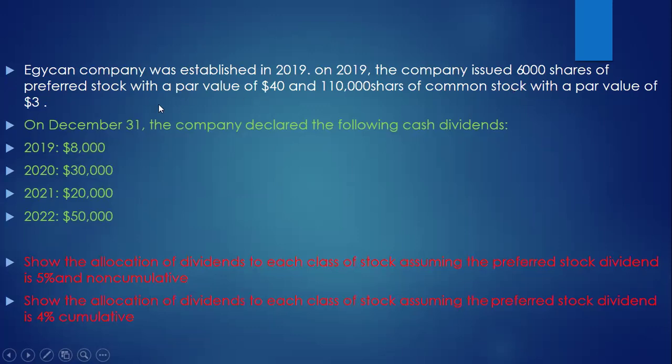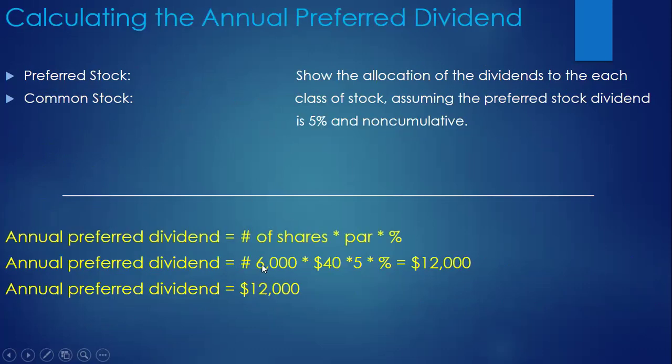Their face value or par value is $40. So 6,000 times $40.